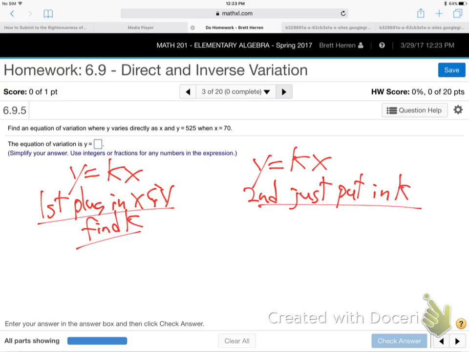Whenever they say direct, and the key word that you'll look for on Monday's test, you'll see it, varies directly. So when you see varies directly, you go, oh yeah, that's the y equals kx. Put that on your 3x5 card. That's the y equals kx, write it twice. First time, just plug in x and y and find k. Second time, just put in the k. And you're done.